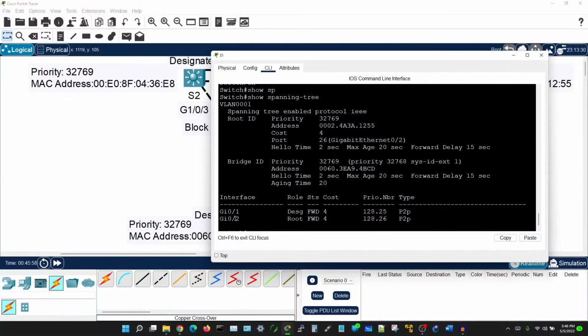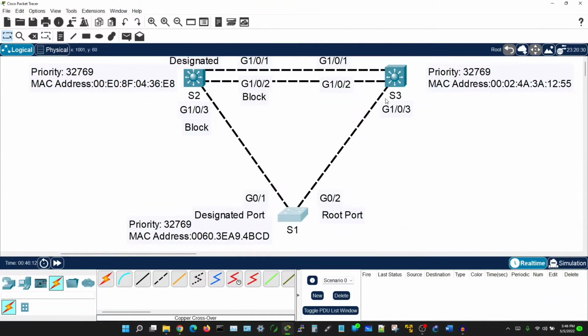And do we have that correct? Gigabit 0/2 is the root port, and we had that correct. And we said that gigabit 0/1 should have been the designated port, and we had that correct. So we have this prediction down here, up here correct, and this prediction correct.